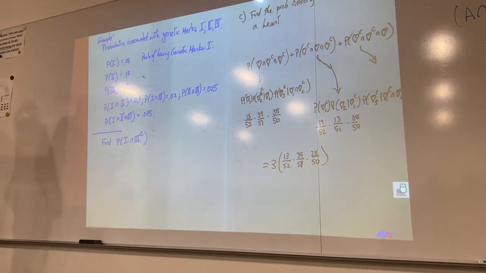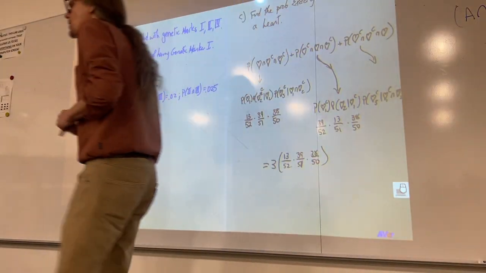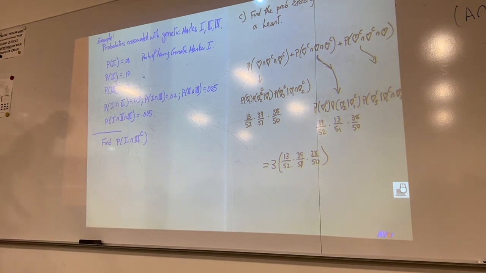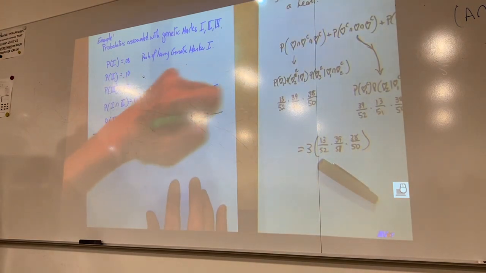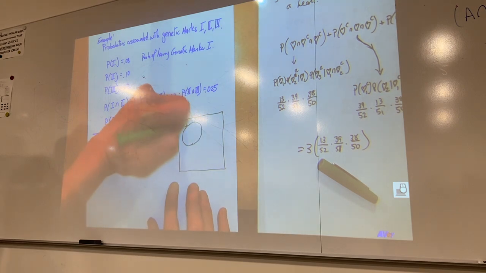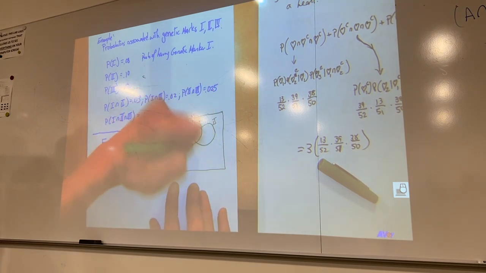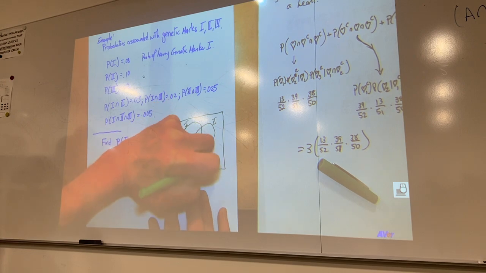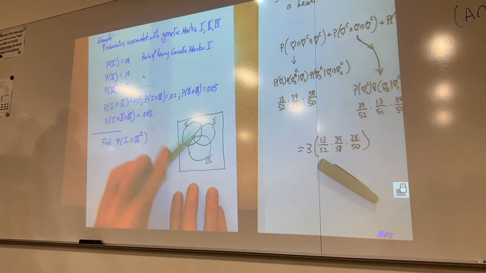And nobody can both have and not have marker 3. By the way, this would be the easy way to do this problem. Looking at 1, 2, and 3, everyone here either has marker 3, i.e. they're in there, or there, or they don't.